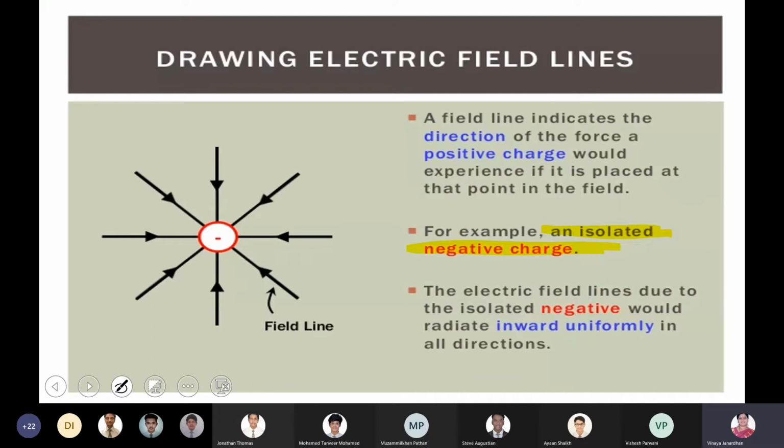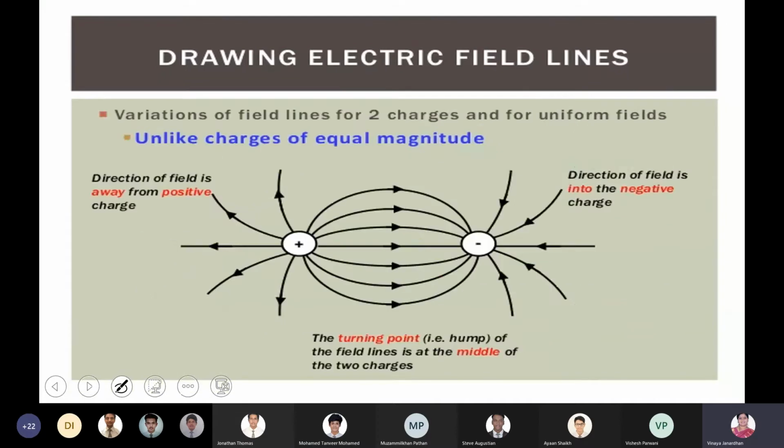Next, I'll go for a dipole. Now, you should know what is a dipole. A dipole will have unlike charges, but the magnitudes are the same. There is positive and negative, but equal magnitude.